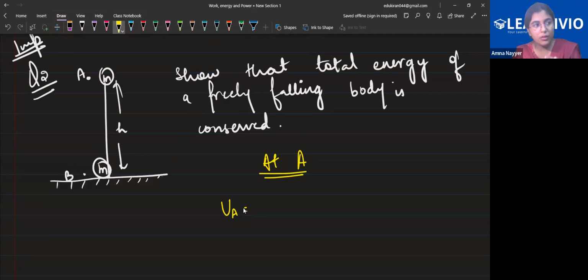Before that, potential energy will be acting. And yesterday we studied that potential energy is mgh. So here potential energy becomes mgh, very easy derivation.